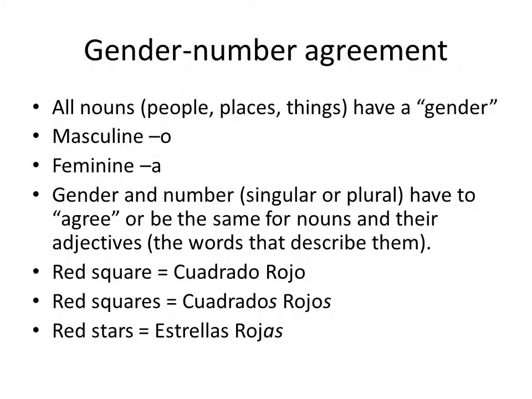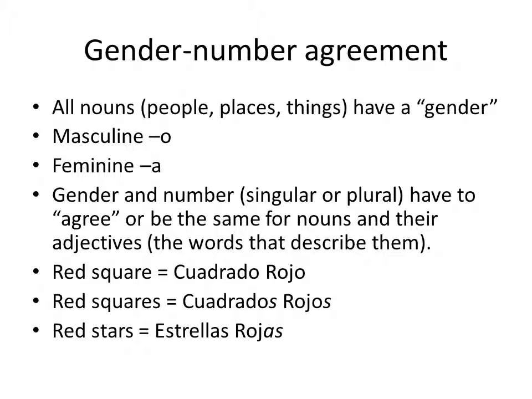So usually, not always, but usually, if a word ends in O, that word is what we call masculine. And if a word ends in A, usually, but not always, that word is feminine.